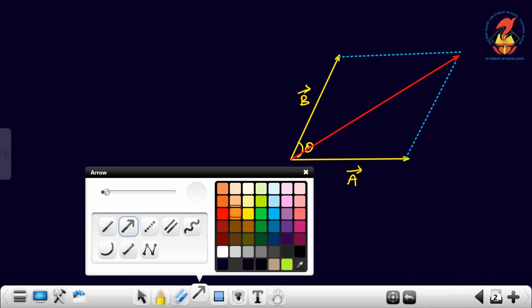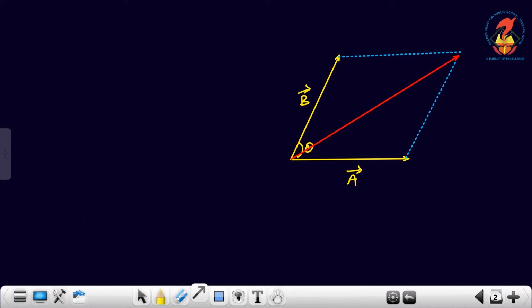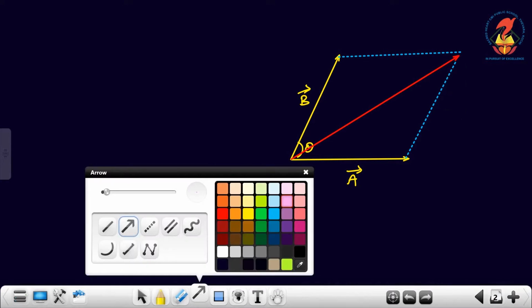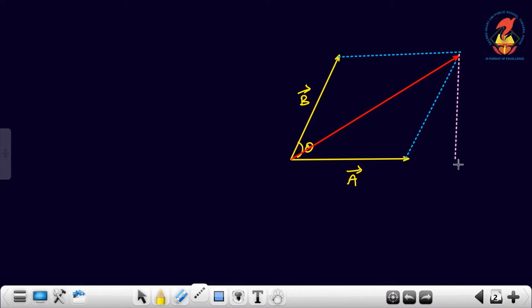Now, I am extending two more dotted lines to make a right angle triangle here. So, here also I made a right angle triangle.